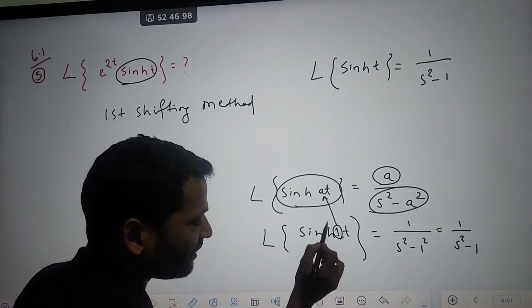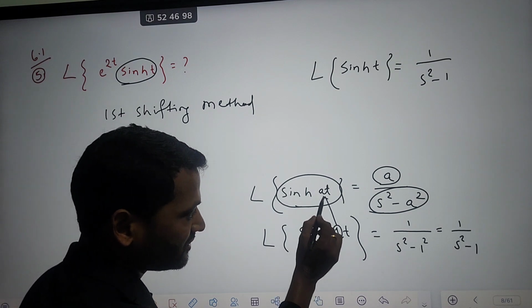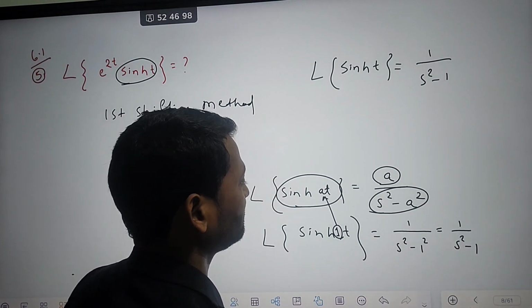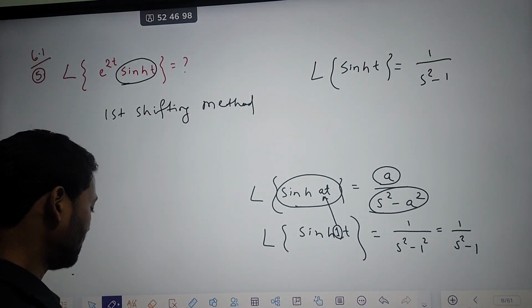So here a is 1, you just put that formula, 1 by s square minus 1 square, since a is 1.